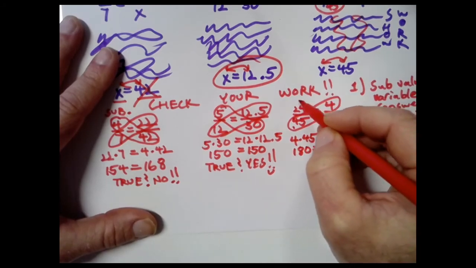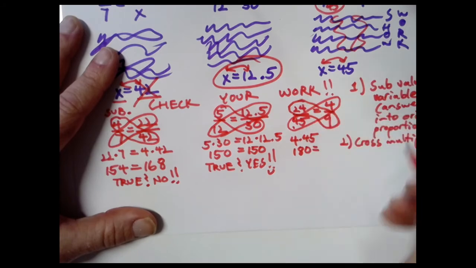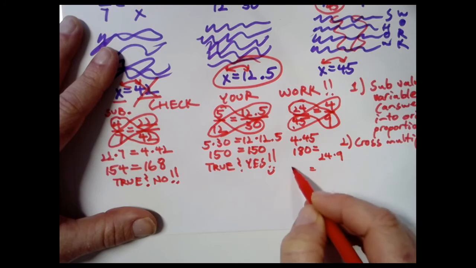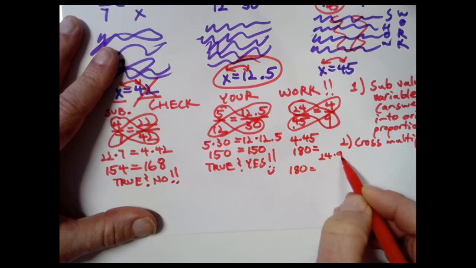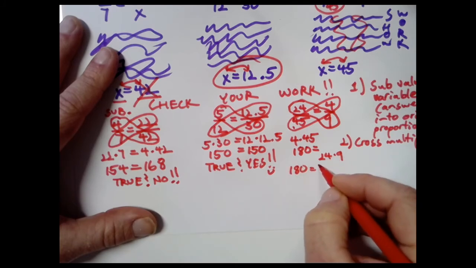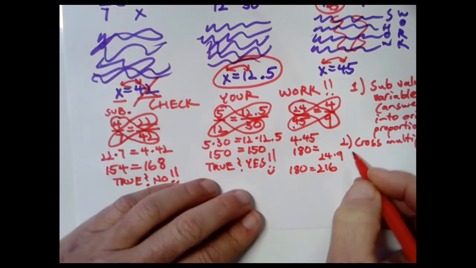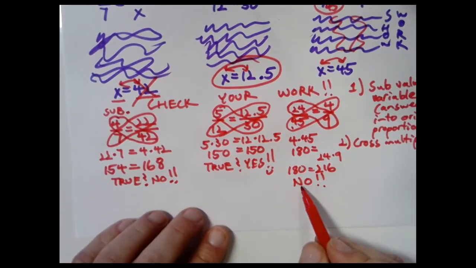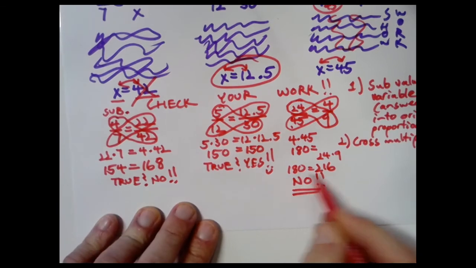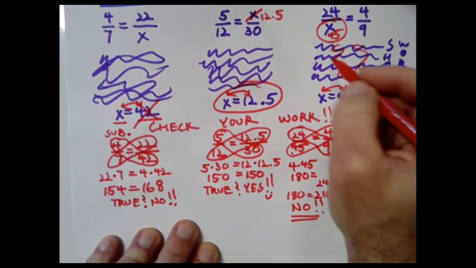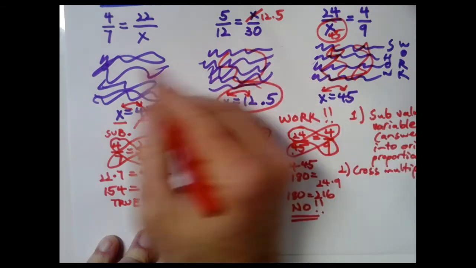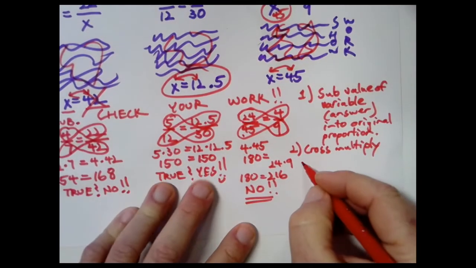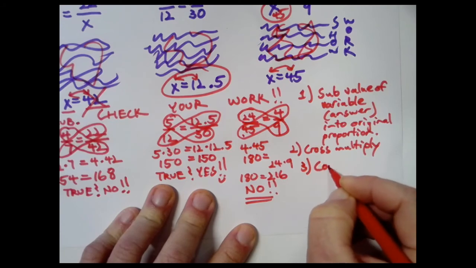And on the other side, I get 24 times 9, which is 216, 180 plus 36. Ouch. So that's where, if I get a no answer here, they're not equal. I go back up and I check through my work and I see if I can figure out where the mistake is. So that was step 3.